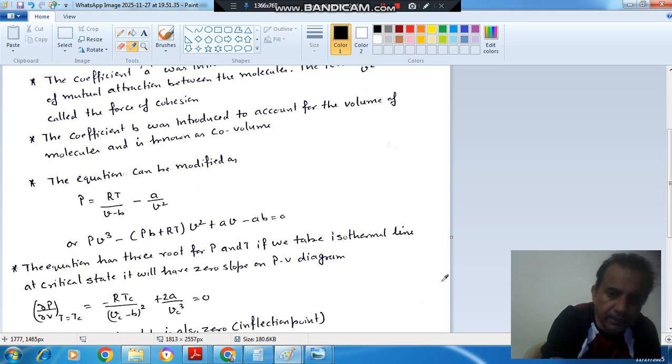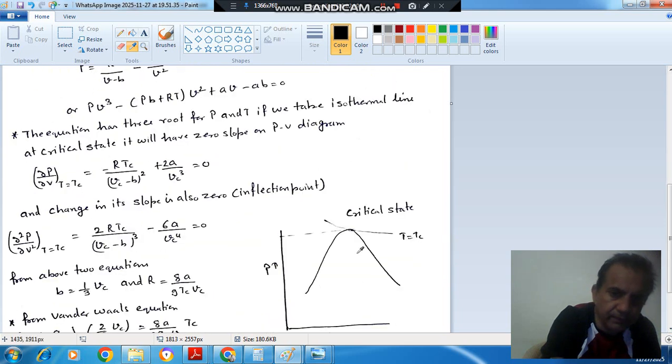Or if we take an isothermal line at the critical state, then the slope of this line will be 0 on the Pv diagram, as well as the change in slope is also 0. So the slope is (∂P/∂v) at T constant, equal to Tc, and it is the isothermal line passing through the critical point.